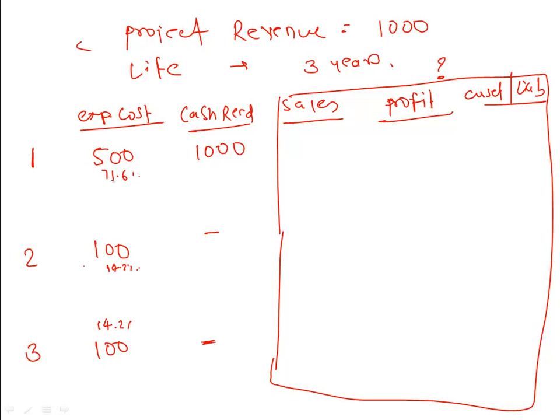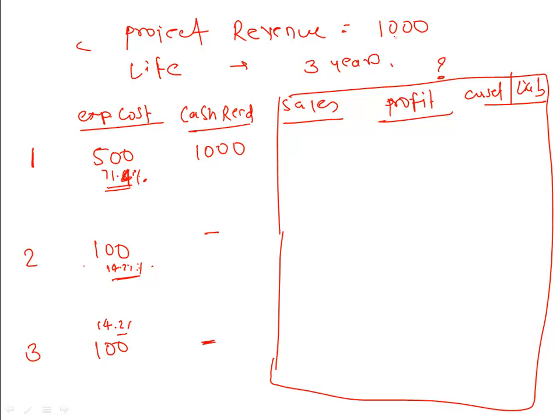500 is what percent? 14.29. Okay, 14.29. So see, these are the projects which are completed. 71.4%, 14.2%, 14.2%.